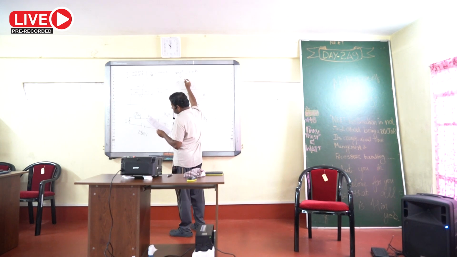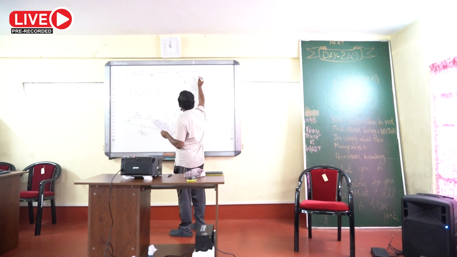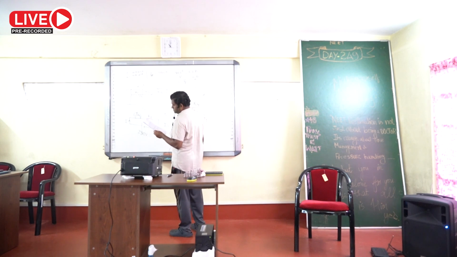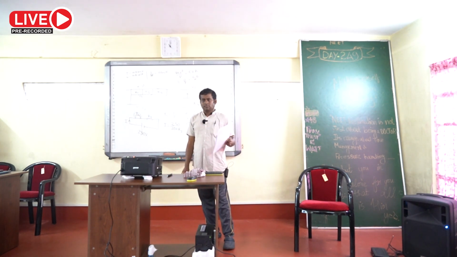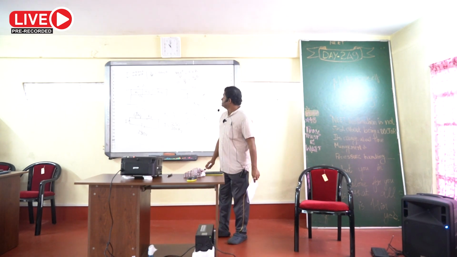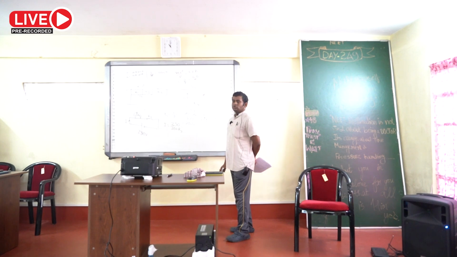So e by m ratio, so v by r we can find, that will be e by m into B.